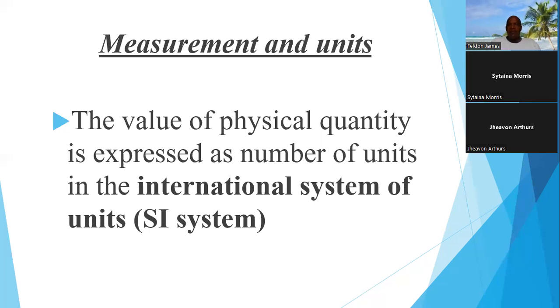All right. So when you make something a standard, it means that everybody uses that same system of measurement. So every scientist around the world will use this same system.